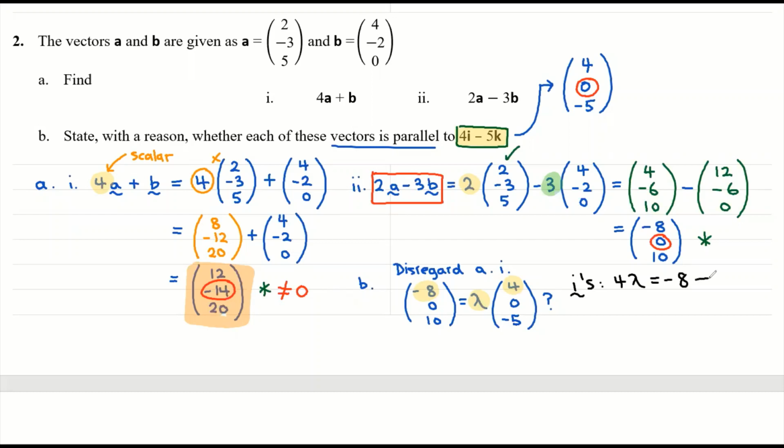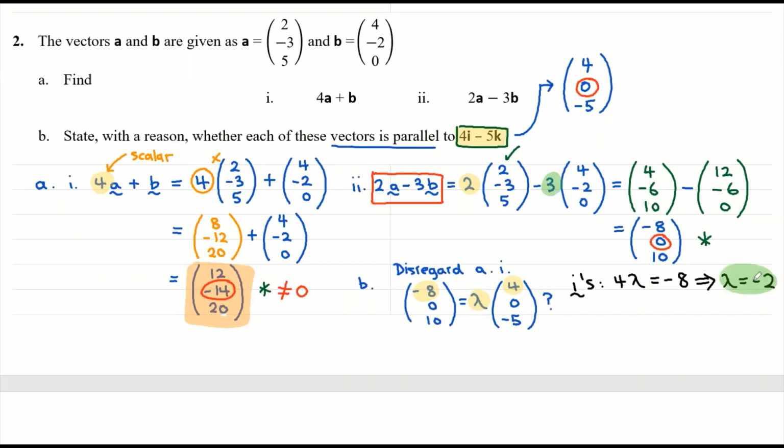Now that would imply that lambda would equal -2, right? But this has to be true for all the components. It's got to be the same scalar multiplying each one. If the scalar is going to be different, then it's not going to work. So we have to check that we get lambda equals -2 for the j's and the k's.